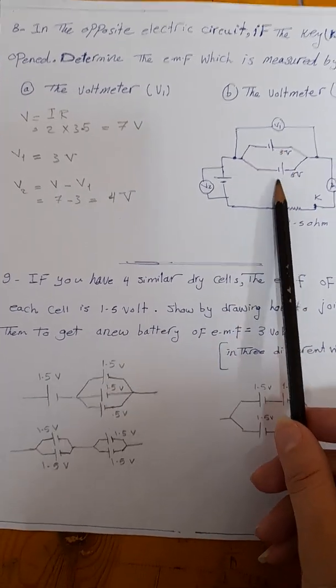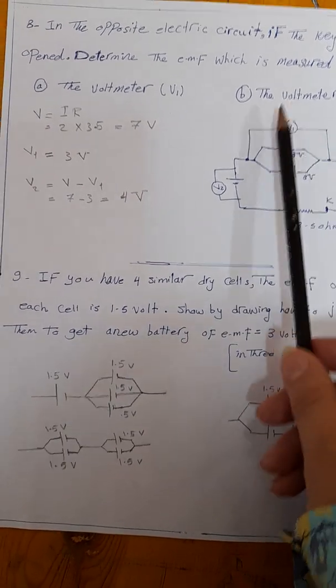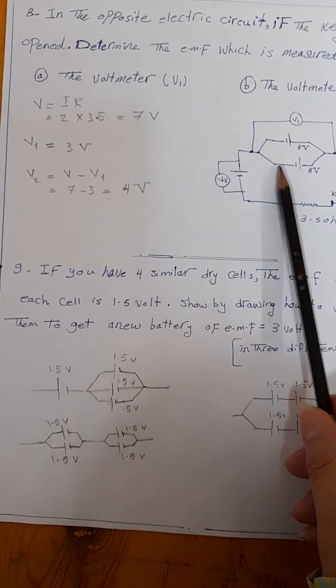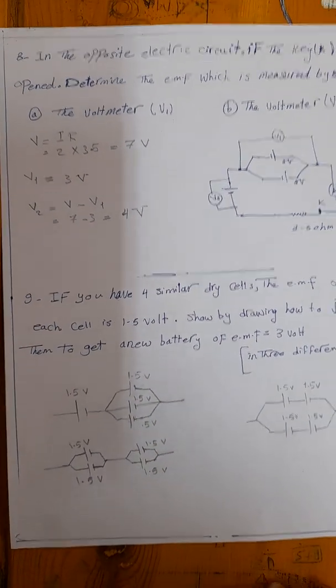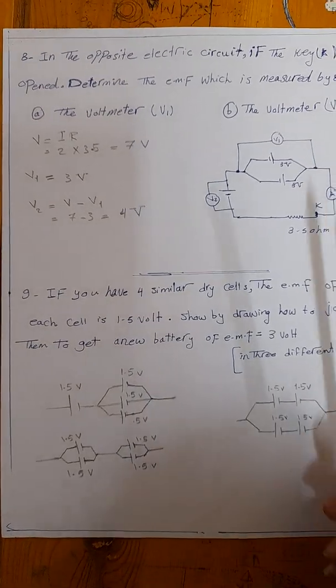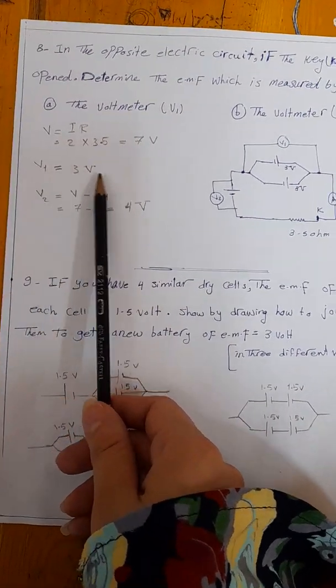The two are connected in parallel, so the total electromotive force of them equals the value of one of them. So V1 equals 3 volt.